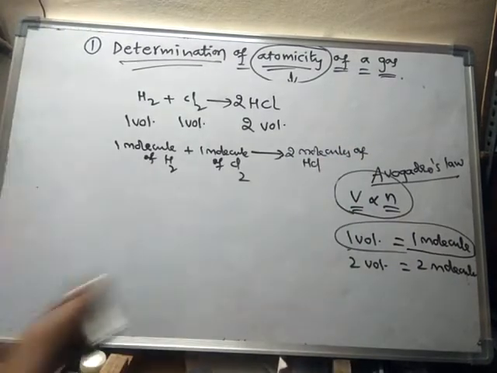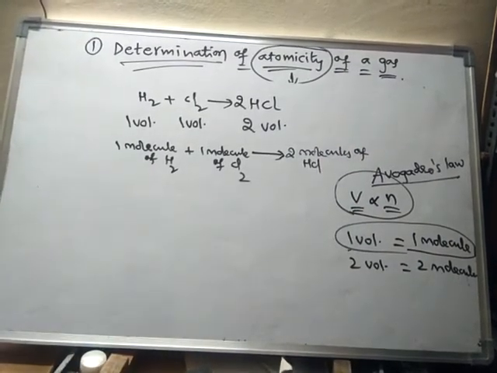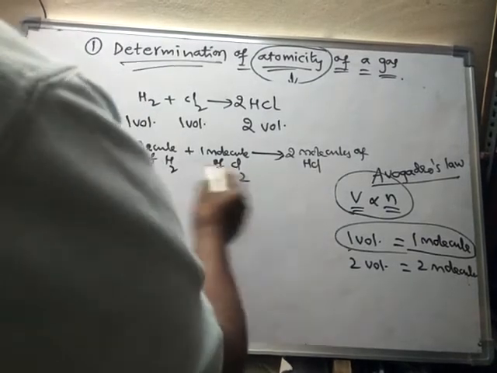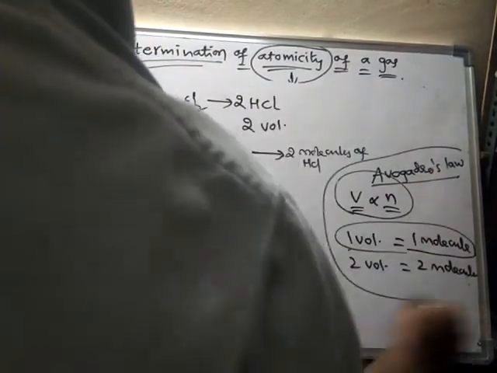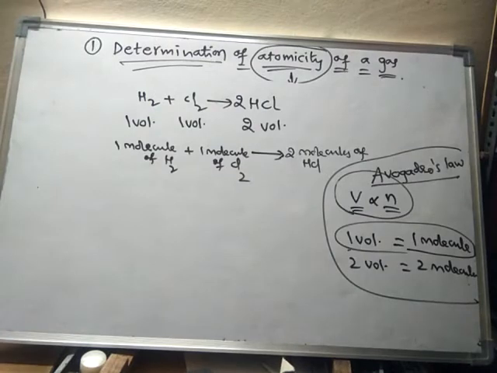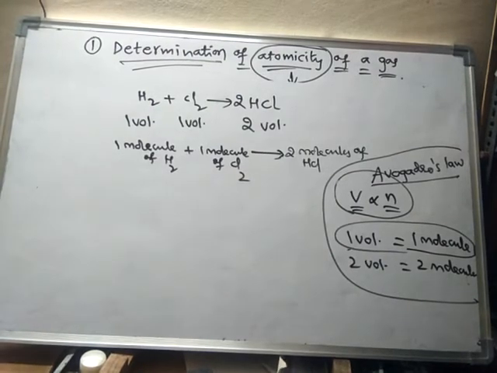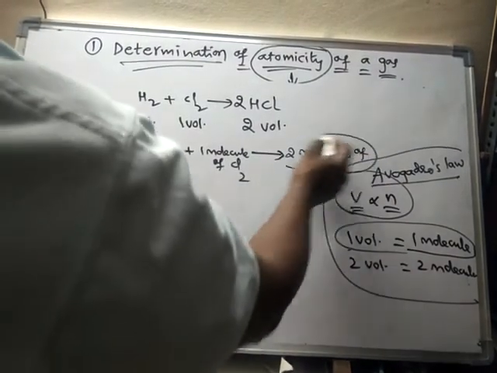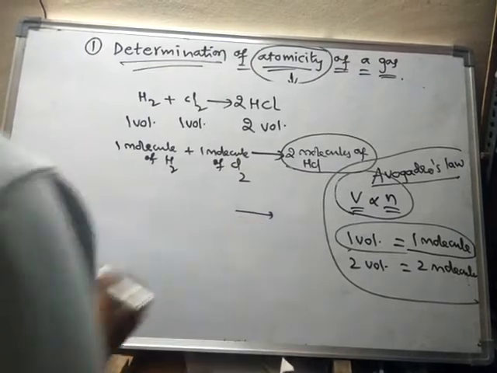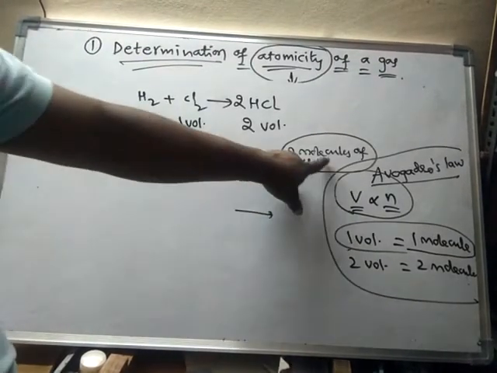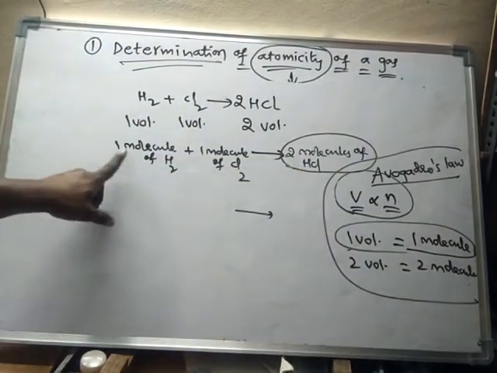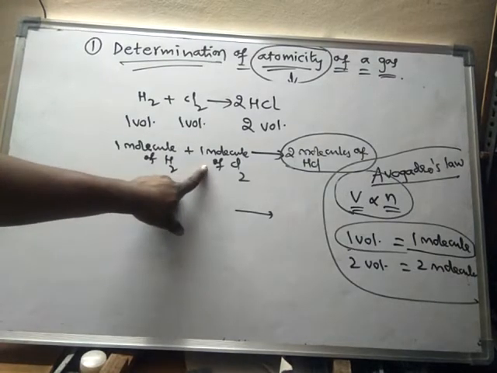So it forms two molecules of HCl. This is obtained by using Avogadro's law. For the formation of two molecules of HCl, we require one molecule of hydrogen and one molecule of chlorine.